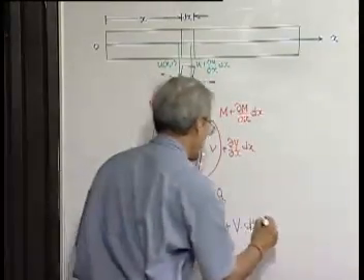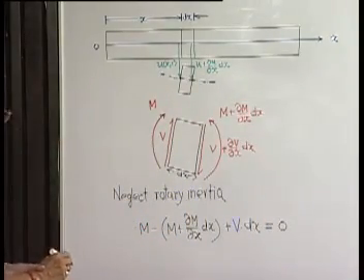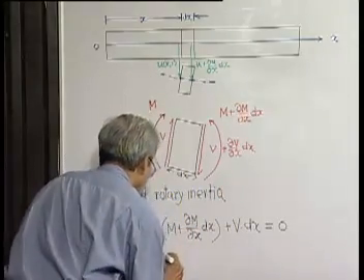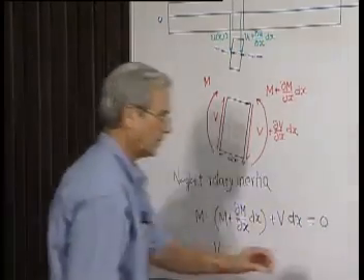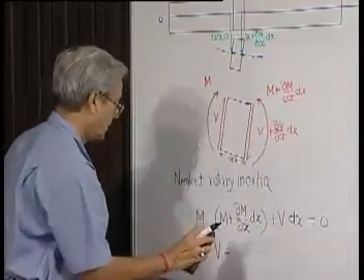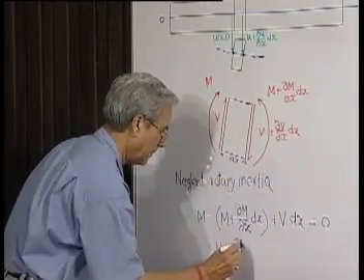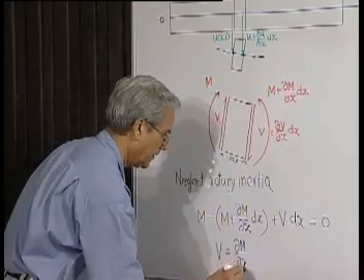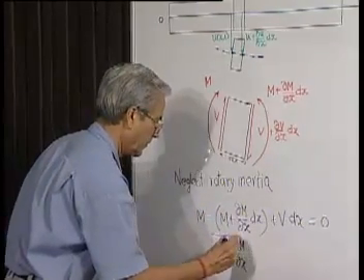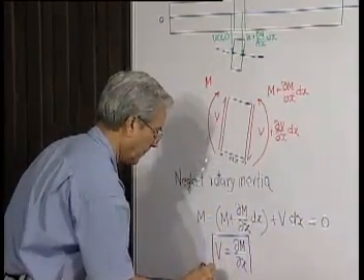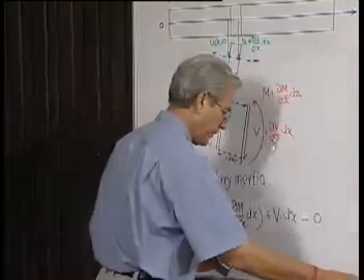This must be equal to 0 because there is no rotary inertia, and this gives us the shear force, we take it to the other side, that is the relationship we get. Fine.